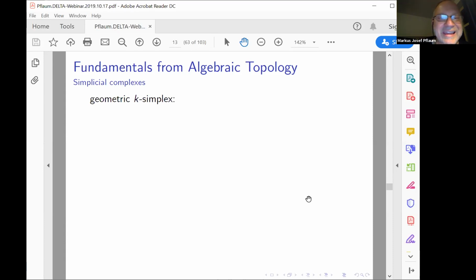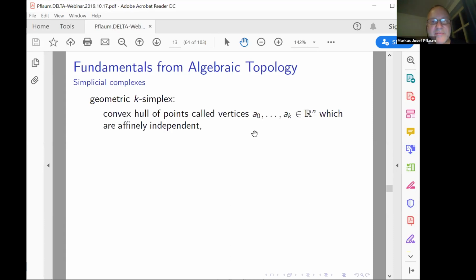What's a geometric k-simplex? You have k plus 1 points in R^n, where n can be very high, and assume they are affinely independent, meaning that you take A1 minus A0 up to Ak minus A0, and they are linearly independent.